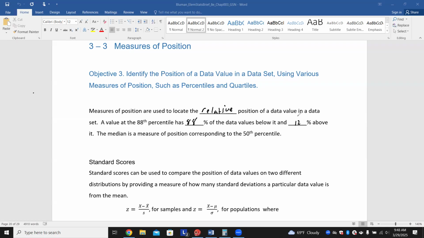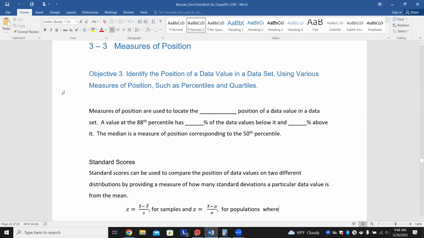The median is a measure of position corresponding to the 50th percentile. Since the median is the middle number, 50% of the data is below it and 50% of the data is above it. That's this kind of positioning, telling us where we're at.